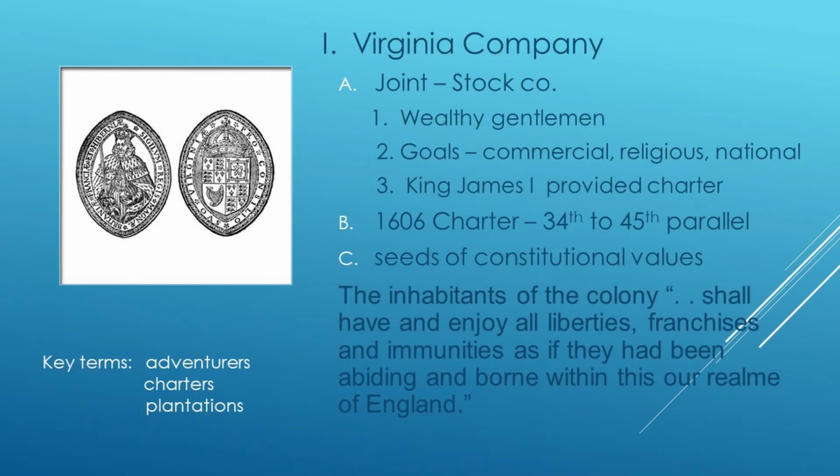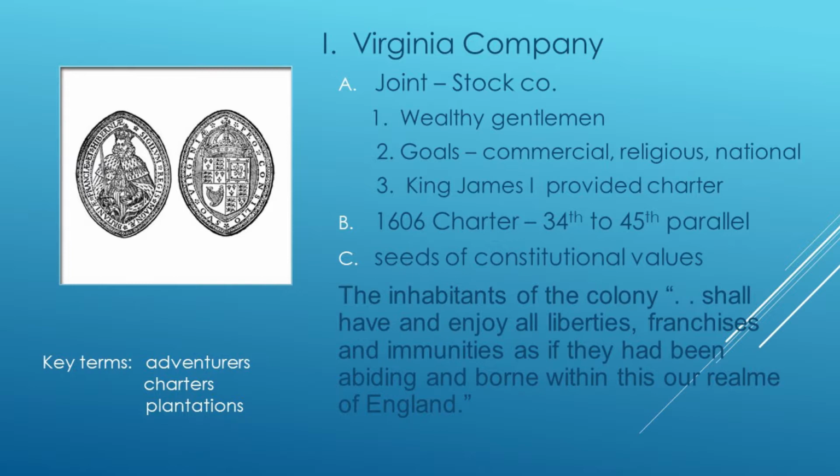This is a quote on this slide from that charter, that the inhabitants of the colony shall have and enjoy all liberties, franchises, and immunities, as if they had been abiding and born within this our realm of England.